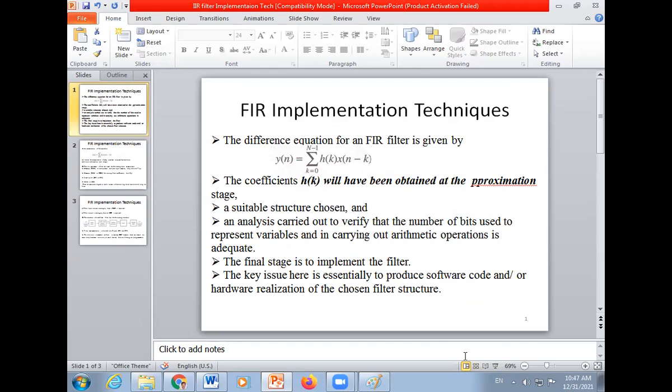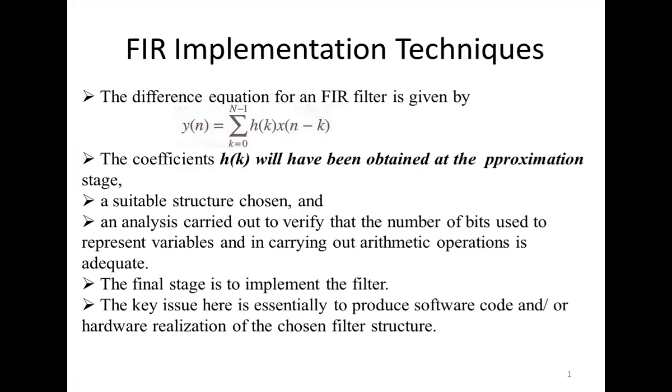As the FIR filter implementation technique, we know the difference equation for an FIR filter is given as y of n equals summation k equals 0 to N minus 1 h of k x of n minus k, where h of k are the filter coefficients. For implementing this we need to choose a suitable structure, and then we need to analyze that the number of bits used to represent variables in carrying out the arithmetic operations is adequate.